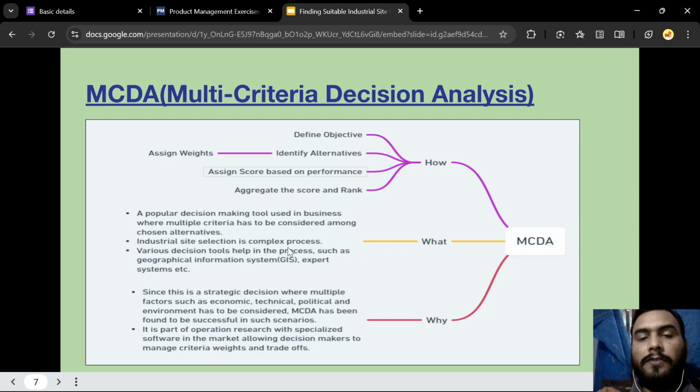It is a simple decision-making tool where various criteria are involved. We chose this since this is a strategic decision where multiple factors, like economic, political, and financial, are involved. So it requires the MCDA approach.